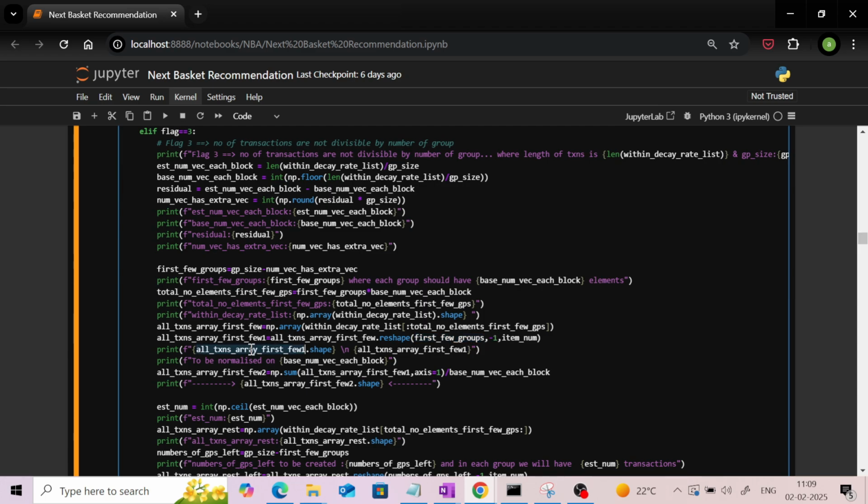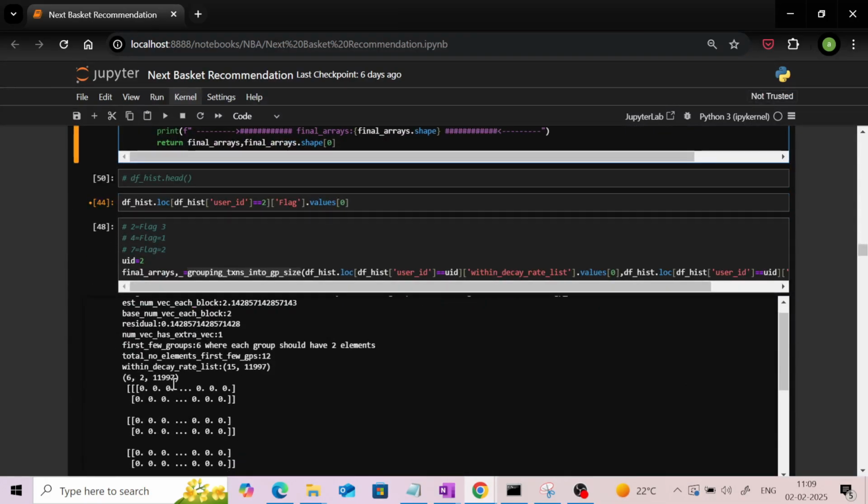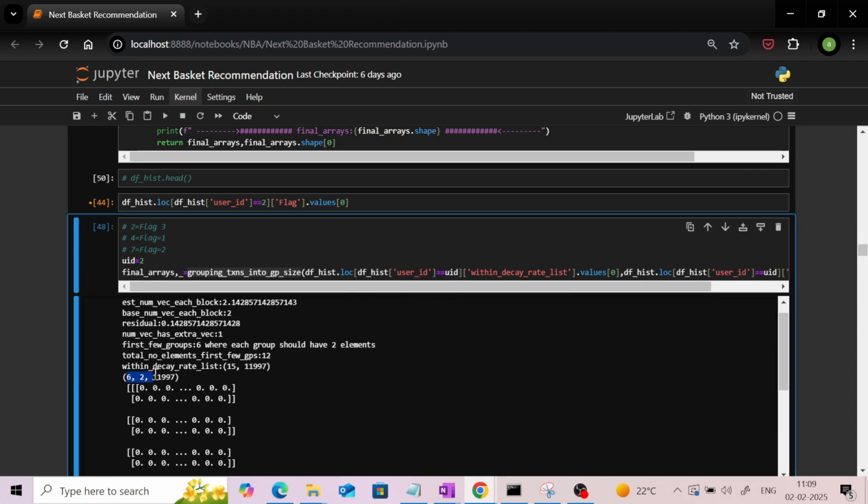If you see this output that has been printed, all transactions array first few one dot shape, it is 6 by 2 by 11,997, which means now we have successfully converted the 12 transactions from the two-dimensional array into six groups, where each group has two transactions and the length of each transaction is 11,997.